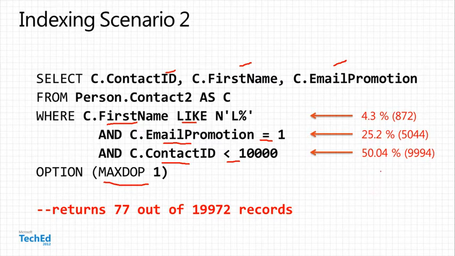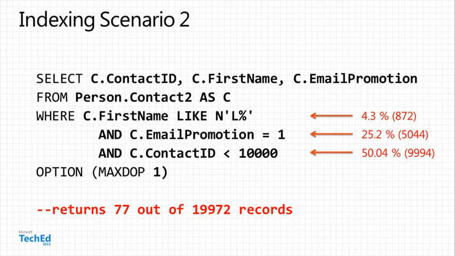Couple of other things, selectivity. If I only run this query with first name as a filter, only on this particular predicate, 872 records are going to be returned out of approximately 19,000 records, which will give me 4.3% of selectivity. If I only run this query with email promotion equals to 1, it gives me approximately 25% of the data. And if I run this query only with contact ID less than 10,000, as you know there are approximately 19,000 records, it gives me 50% of the records that are being returned, right?